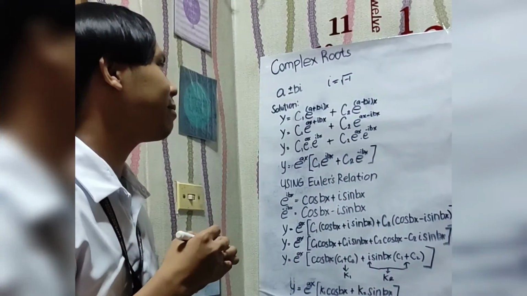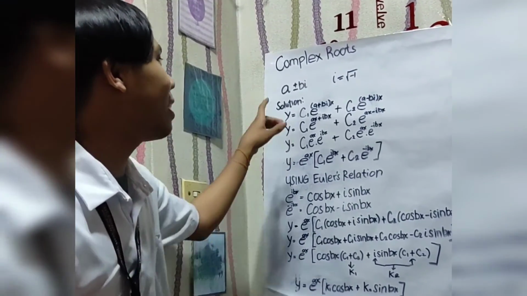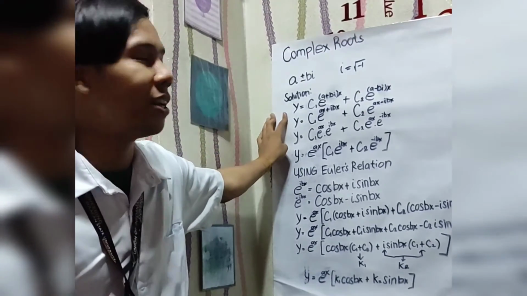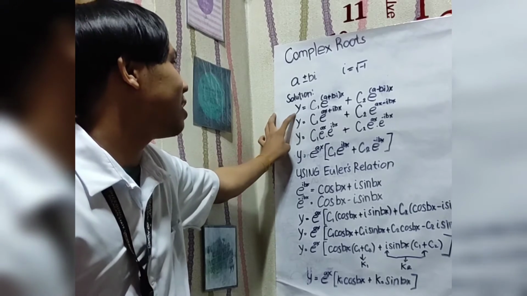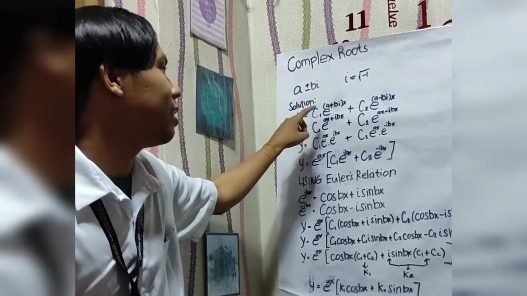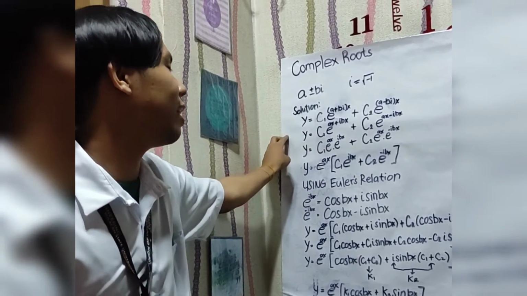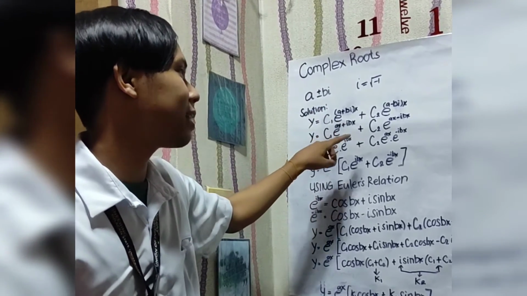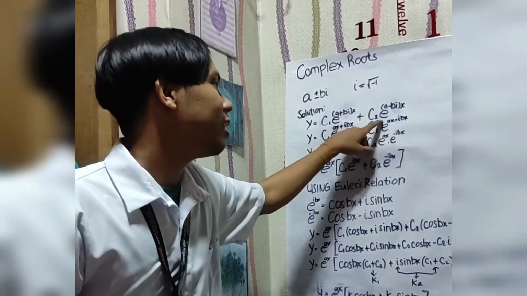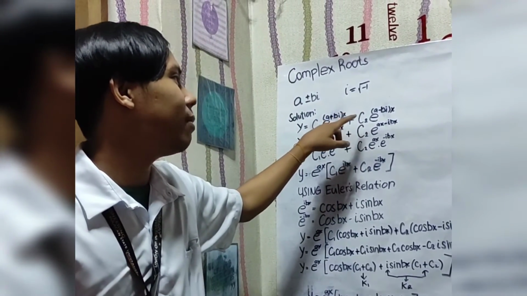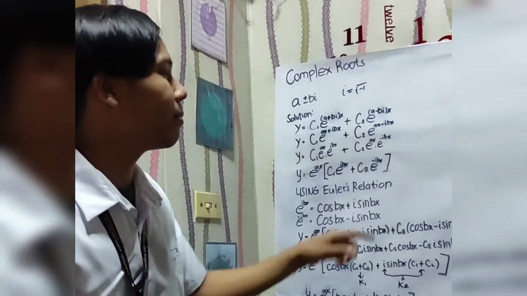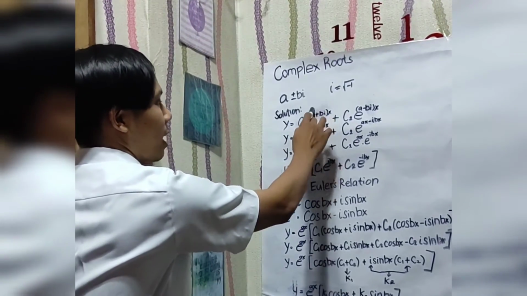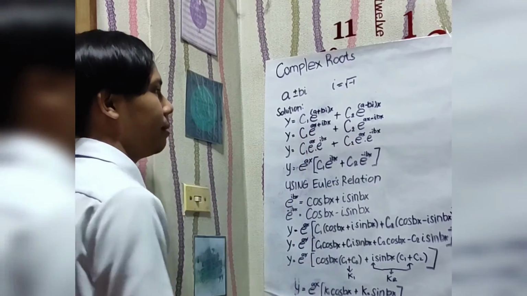That will be a big help later. When we get this, the solution we use is y equals c1 e raised to the quantity (a plus bi) times x, plus c2 e raised to the quantity (a minus bi) times x.